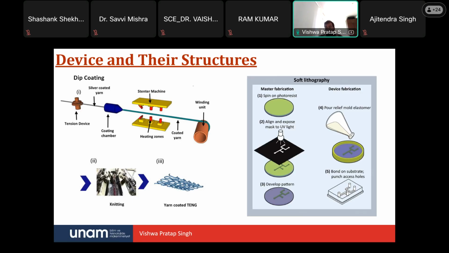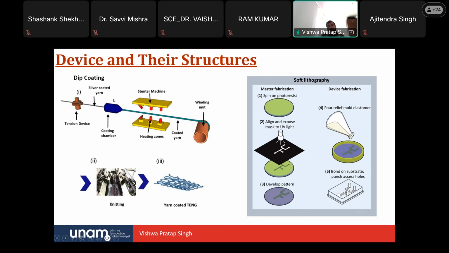What they do is, they use that yarn over which they first coat silver. They coat the silver over the yarn, and the silver particles are very small, so it can be bent like a yarn. In this sense, they make the yarn with silver coating as an electrode, and then they have this coating chamber.